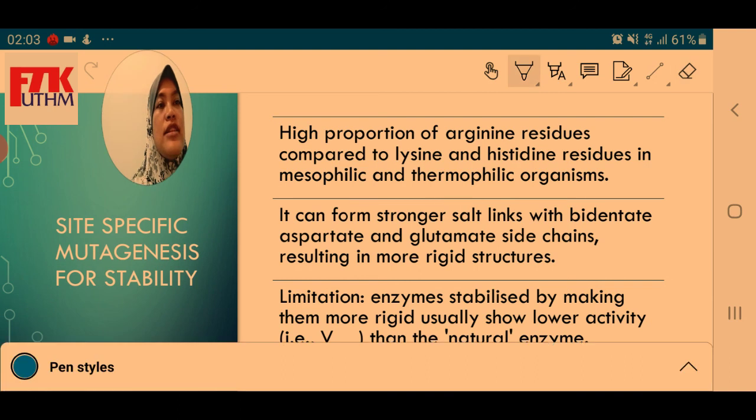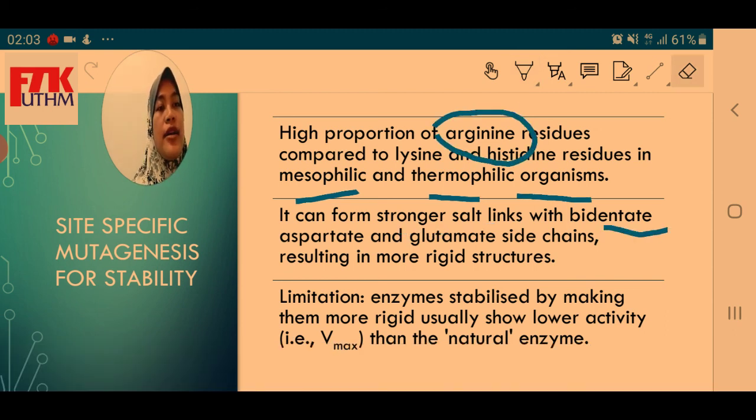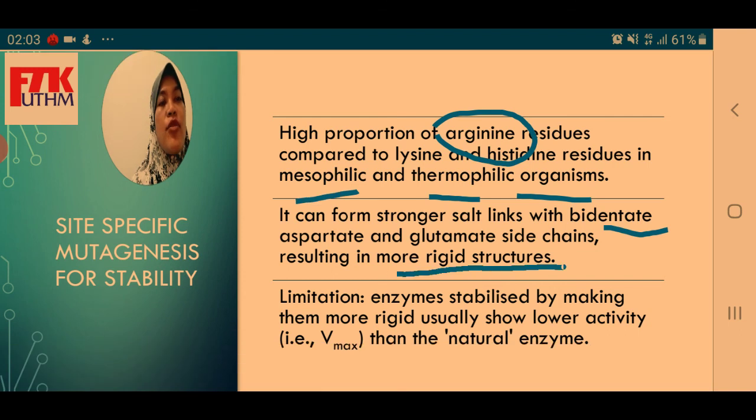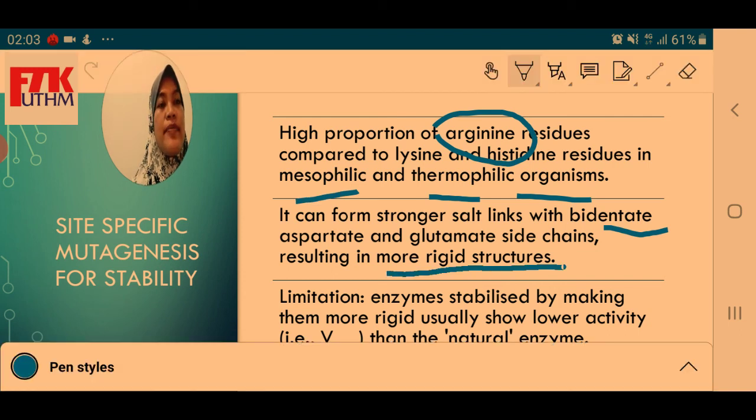Arginine is good in terms of stability, thermostability, because it can form stronger salt links with bidentate aspartate. Aspartate can bind to two atoms, as well as glutamate side chains. So these salt links will result in more rigid structures of the enzyme.